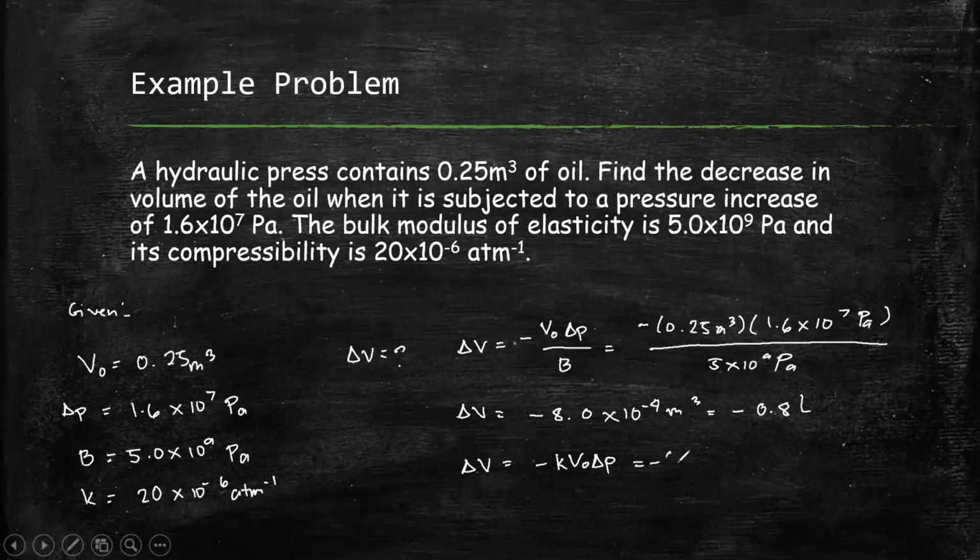So it is equal to negative 20 times 10 raised to negative 6 ATM inverse times 0.25 cubic meter times 1.6 times 10 raised to 7 Pascal. Therefore, our change in volume is equal to negative 8.0 times 10 raised to negative 4 cubic meter.